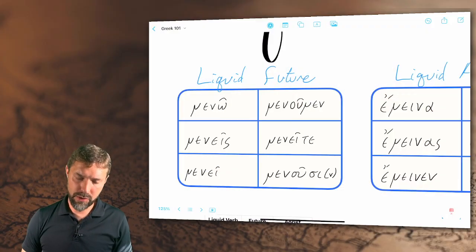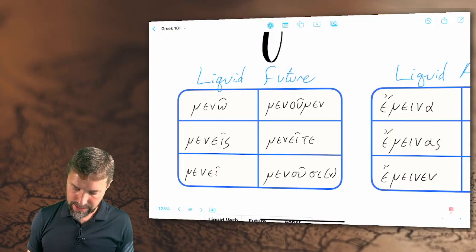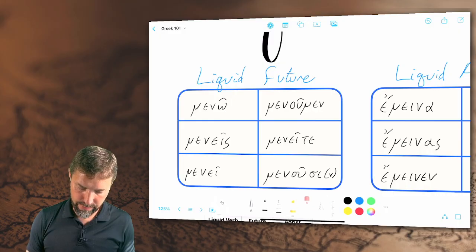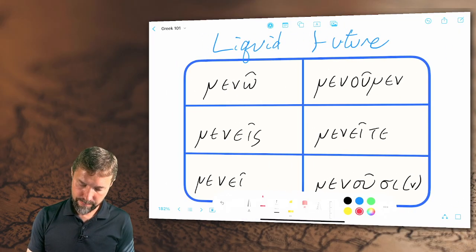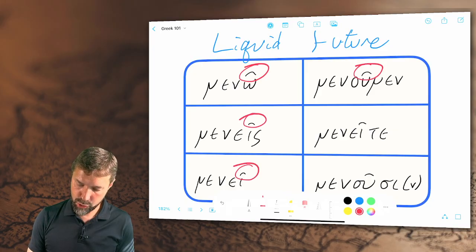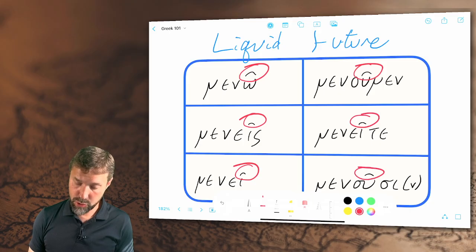And the thing that you want to watch for throughout, keep your eye open for, wait for it, keep your eye open for the circumflex. Circumflex here: μενῶ, μενεῖς, μενεῖ, μενοῦμεν, μενεῖτε, μενοῦσι.